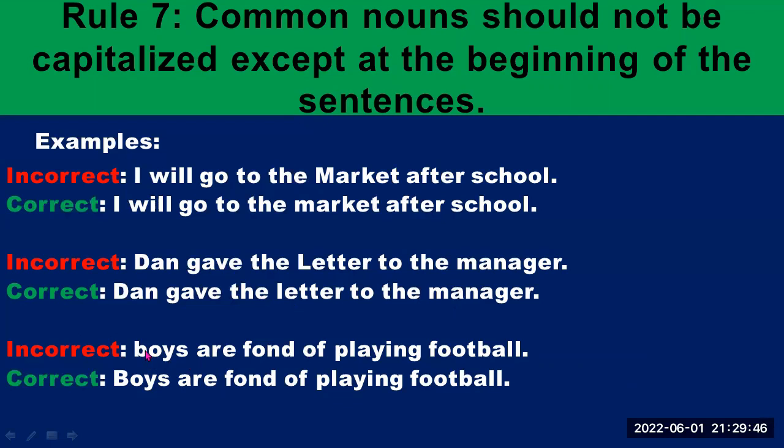The rule states that common nouns should not be capitalized except at the beginning of a sentence, which means whenever a common noun begins a sentence, then the rule that applies is the one that states that a sentence must begin with a capital letter, irrespective of the type of word you are using. So the correct form is to write boys with a capital letter B: Boys are fond of playing football.